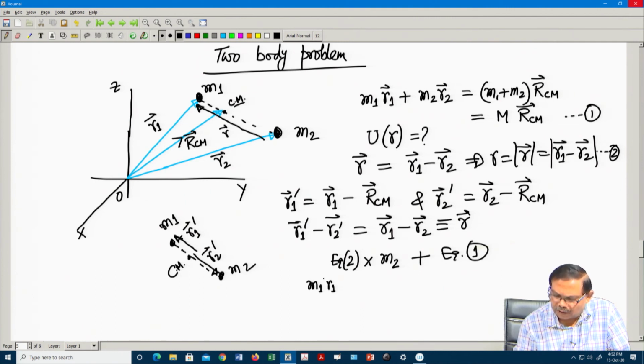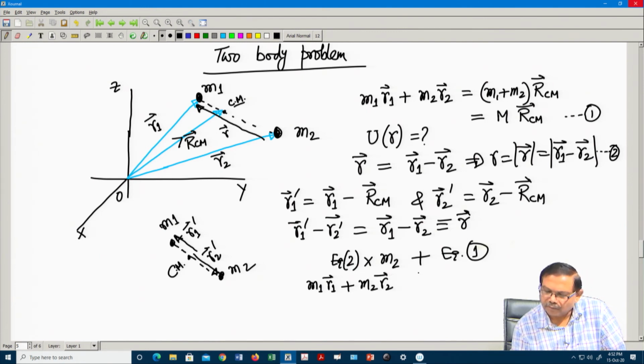m1 r1 plus m2 r2, and then we add here m1 r1, m2 r1 minus m2 r2.